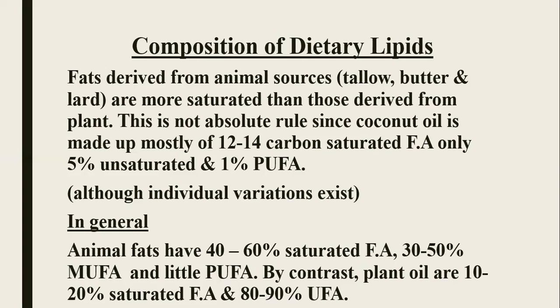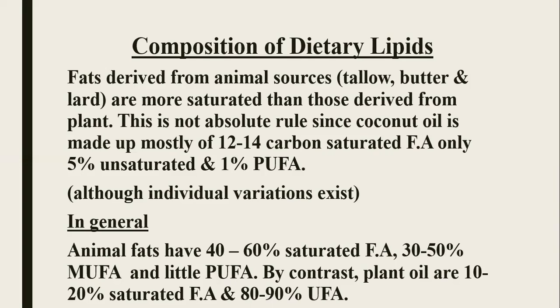But this is not an absolute rule, since coconut oil is made up of mostly 12 and 14 carbon saturated fatty acids. Only 5% monounsaturated fatty acids and only 1% polyunsaturated fatty acids are present.